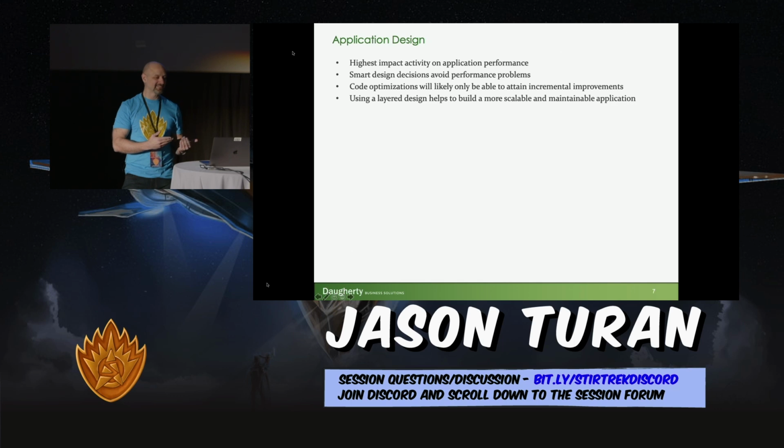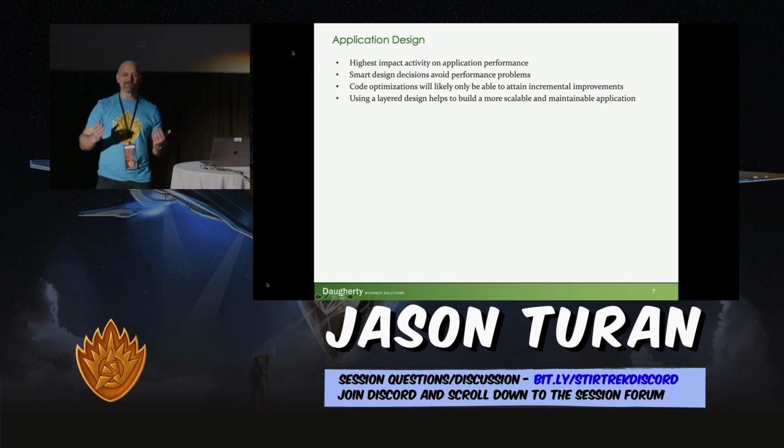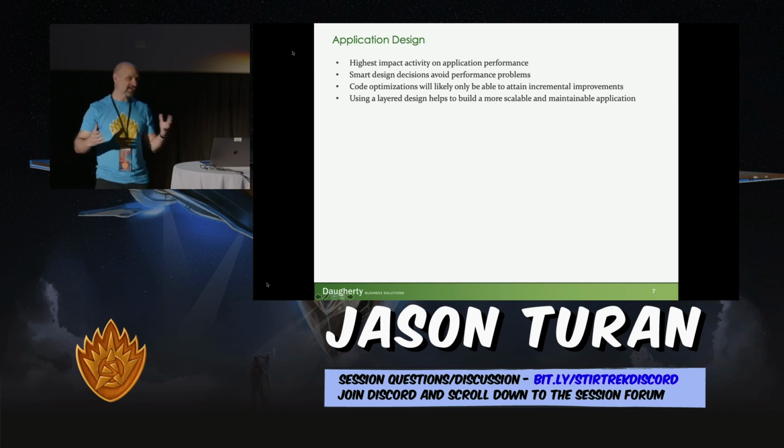You're not going to have a good time. It's like trying to cut down a forest with a hand axe, right? Ideally you shouldn't put yourself in those situations where you have to optimize some horrible architecture that just is not well thought out.